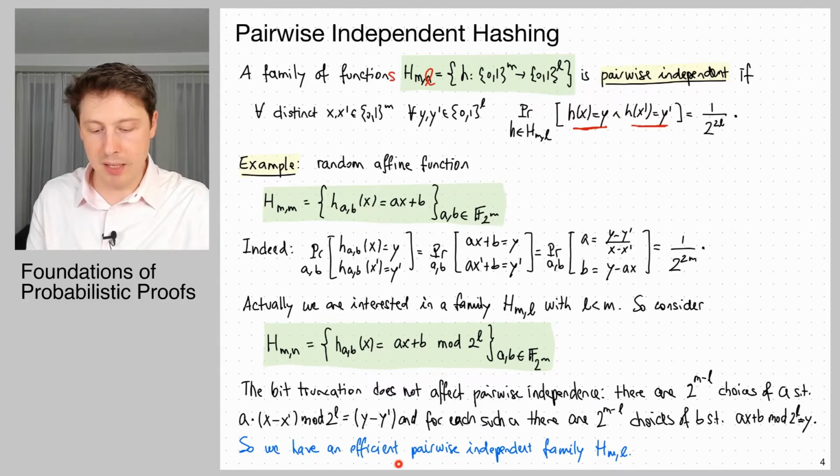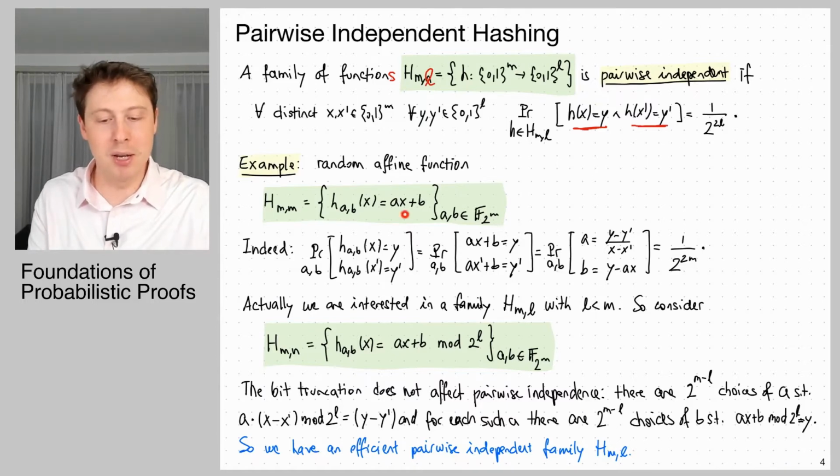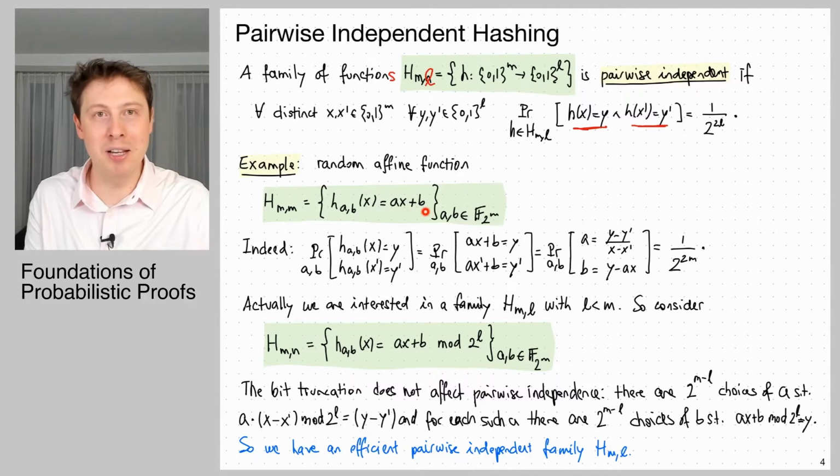And now, notice that because a random function satisfies pairwise independent hashing, it's not about finding a pairwise independent hash function, it's about finding one that is efficiently computable. And you will agree with me that random affine functions are efficiently computable, right? Because you take your input, you do one field operation, that's AX, you do plus B, that's another field addition, then you do a mod, that's a GCD algorithm.